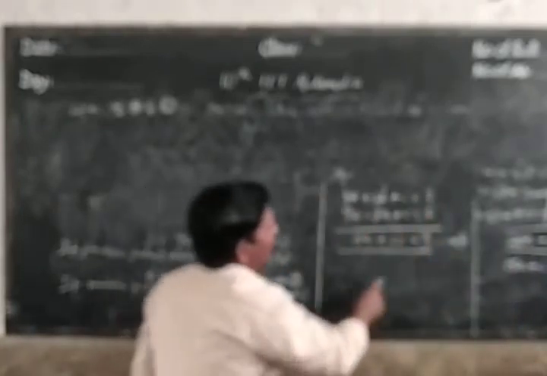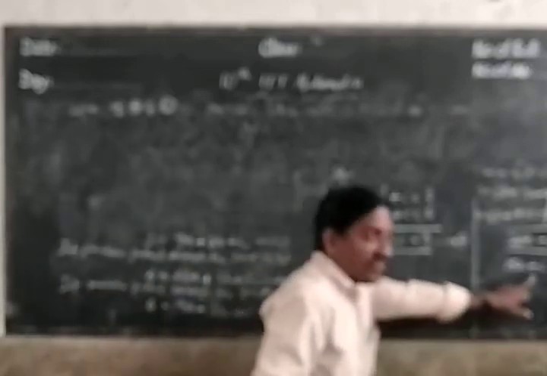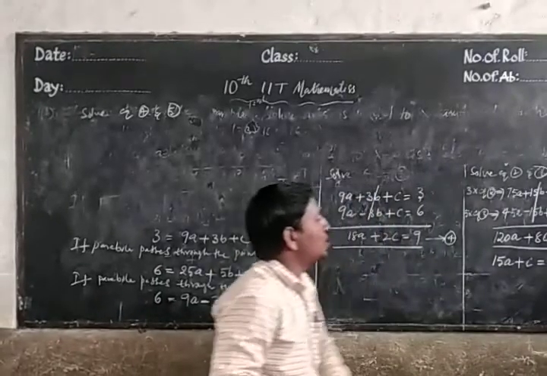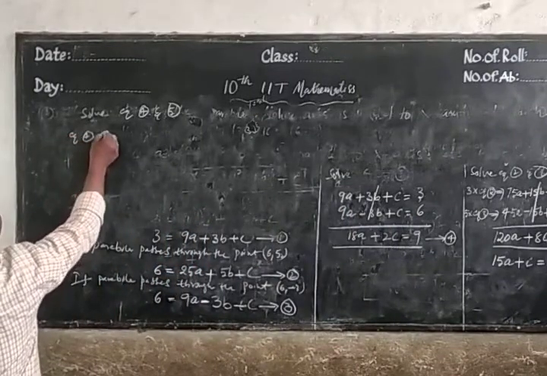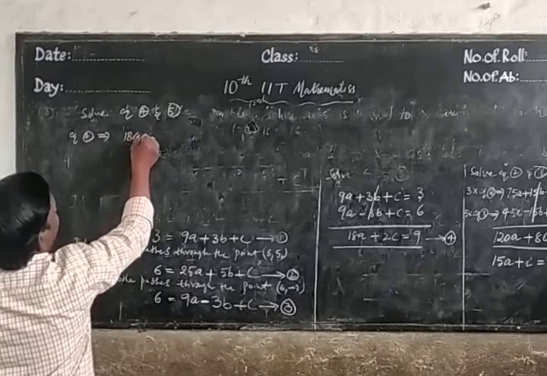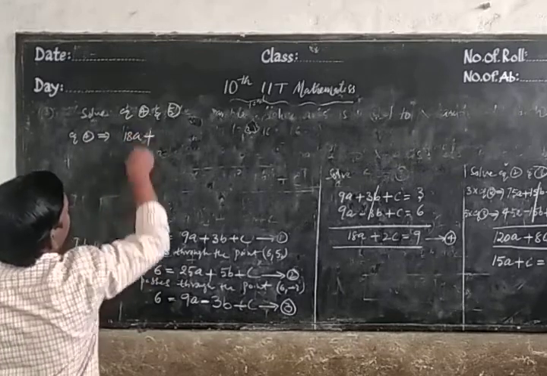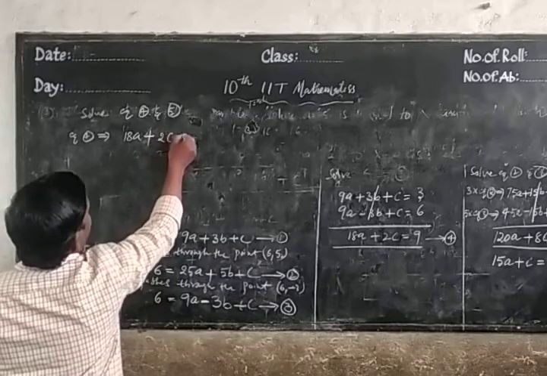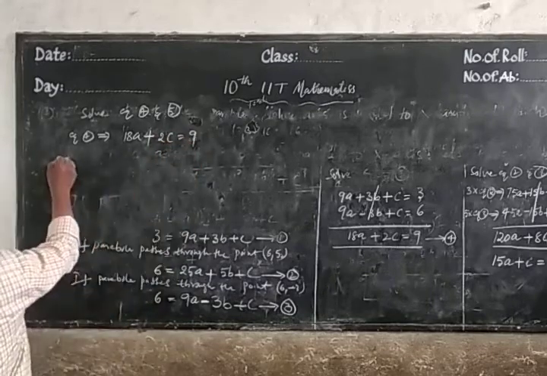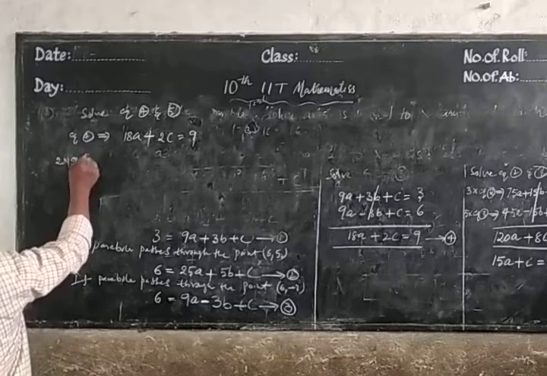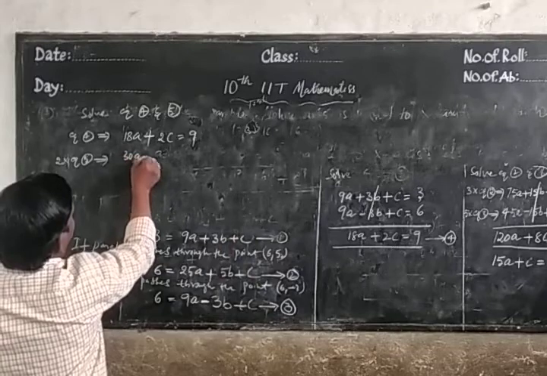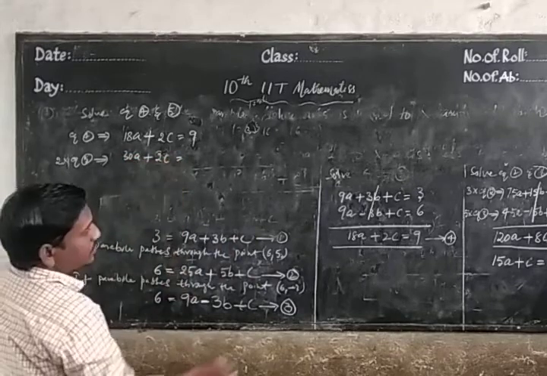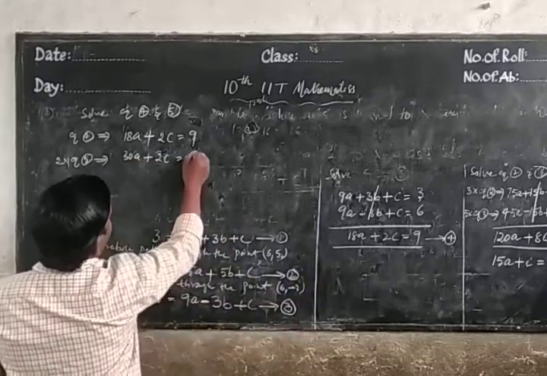Okay. Try to cancel the c value. For cancelling the c value, the fifth equation should be multiplied by 2. Equation 4: 18a plus 2c equal to 9, and 2 into equation 5, that means 2 15s are 30a plus 2c equal to 12.